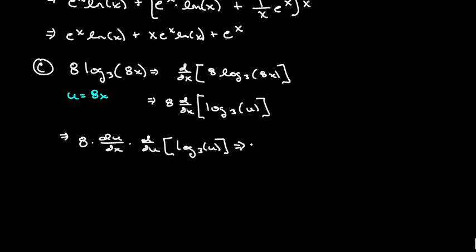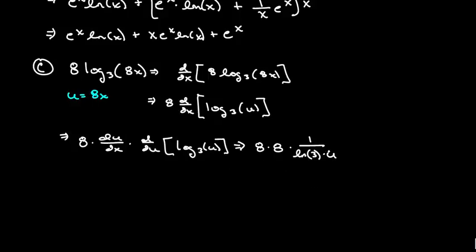Okay, so that now, well, du dx is 8. Take the derivative of this with respect to x, we get 8. So what I have is 8 times 8 times. Now, d du of log base 3 of u is 1 over the natural log of 3 times u.